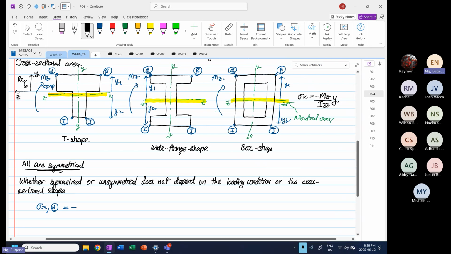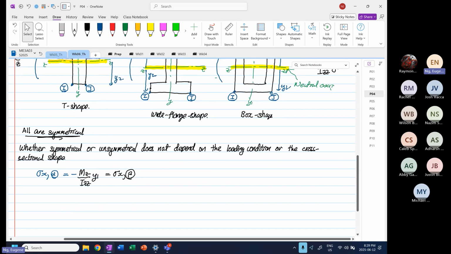So stress X alpha is equal to minus Mz over Izz multiplied by y1. And this is also equal to stress X beta, because the y distance from the centroid, whether it is alpha or beta, is the same distance.